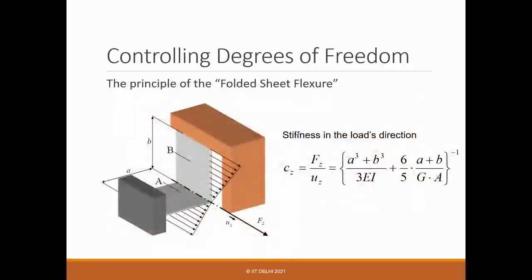How does it work? Suppose you try to calculate the stiffness along the fold line. You have to remember that for folded sheet flexures, the constraint is always along the fold line. This is the direction, which we also generally call the bearing direction. So it will take all the loads, right?